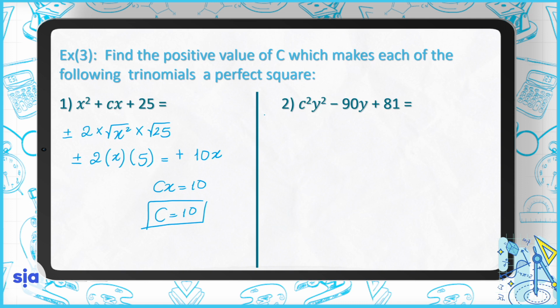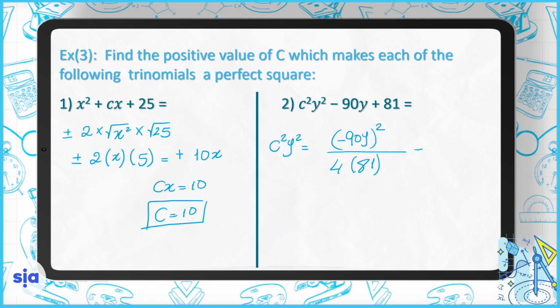Question 2, c is located in the first term. To find the first term, c squared y squared equals the middle term, all squared, divided by 4 times the third term.